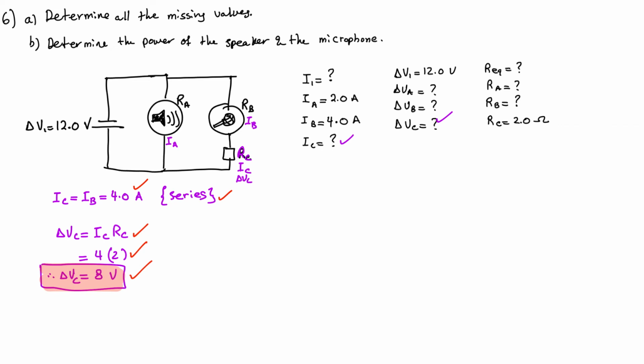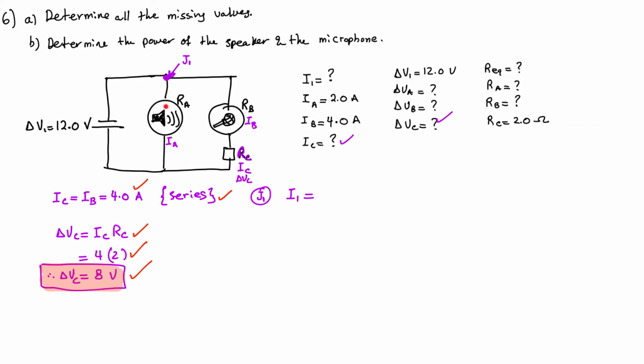Since that's the case, I know that the current going across the battery, I1, is going to split at this junction over here. I'm just going to call it junction 1. At junction 1, I1 is going to split into 2.